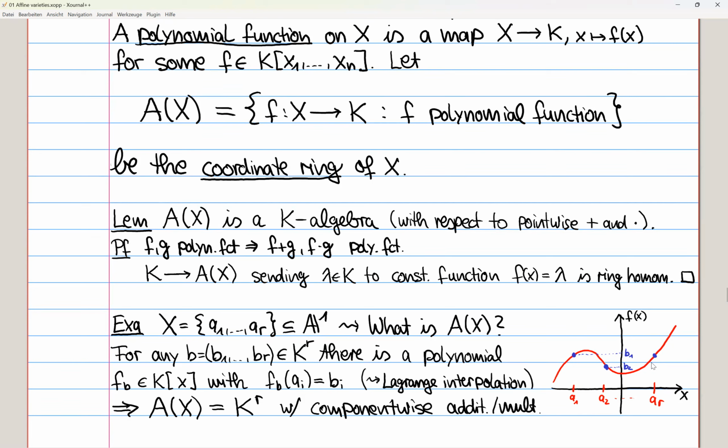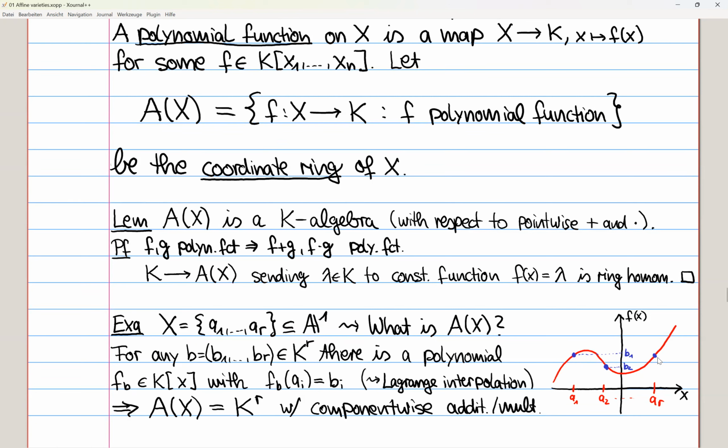And here the claim is that if you give me any r values in K, then you can always find a polynomial in this coordinate x such that the value of this polynomial at a_i is equal to b_i, the i-th number that you gave me. That's just the observation that over a_1 you have some value b_1 which you need to reach, over a_2 you have some value b_2, and so on.